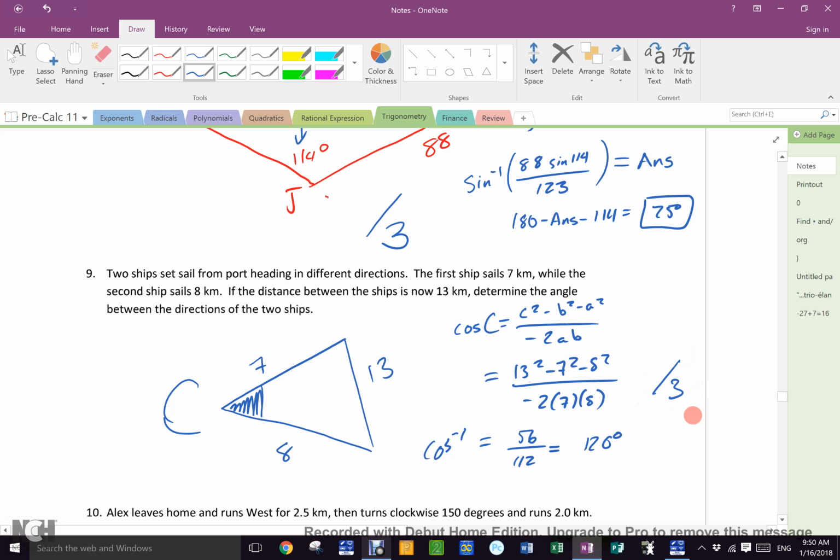You got 60. All right, shift cos: 13 squared minus 7 squared minus 8 squared, close brackets, divided by, open bracket, negative 2 times 7 times 8, close brackets, equals. I get 120.